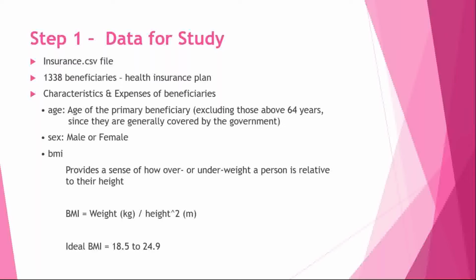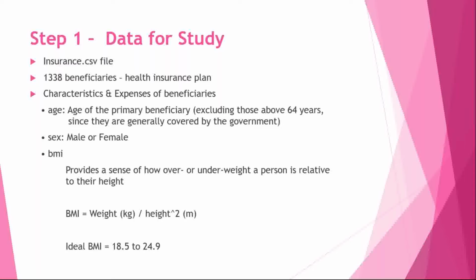For that, we use something called a delimiter. So comma separated values means comma is the delimiter or separator which differentiates between one variable and the other. Semicolon and blank space are other examples of delimiters. As I showed you, we have 1338 beneficiaries in the health insurance plan of Emblem Health.